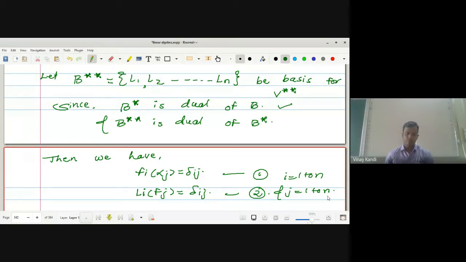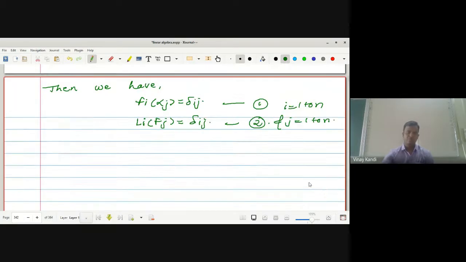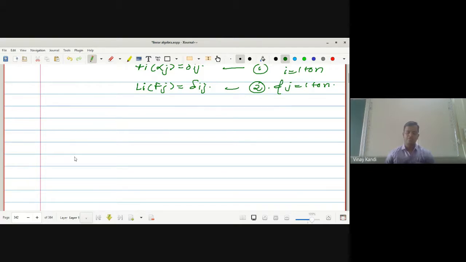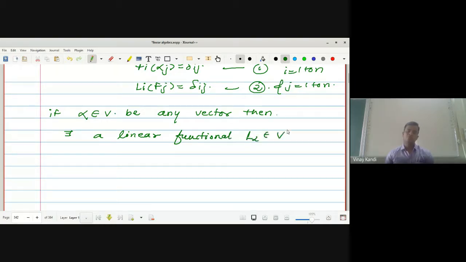Now, if alpha belongs to capital V, be any vector, then there exists a linear functional L alpha belongs to V double star, such that, as we told in the last lecture, L alpha of F is equal to F of alpha for all F belongs to capital V star.